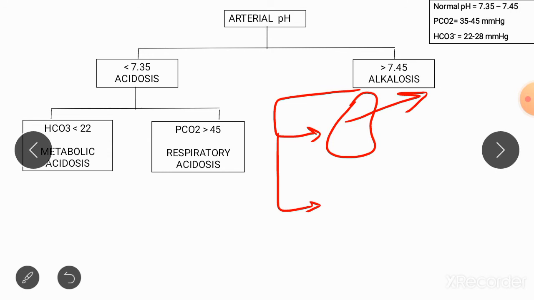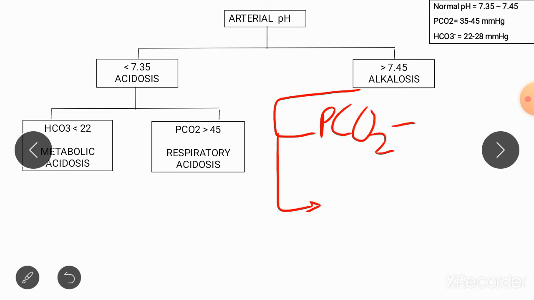So this leads to respiratory alkalosis. So in such a person, you are going to see that the value of partial pressure of carbon dioxide is going to be very reduced, even less than 35 millimeter mercury. Why? Because this person has blown off all the carbon dioxide.